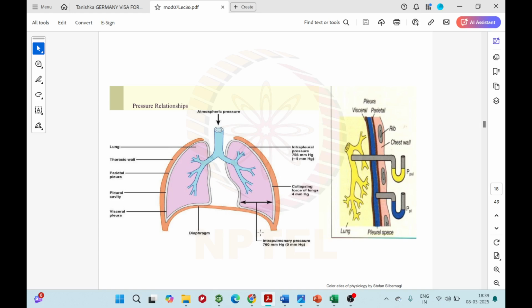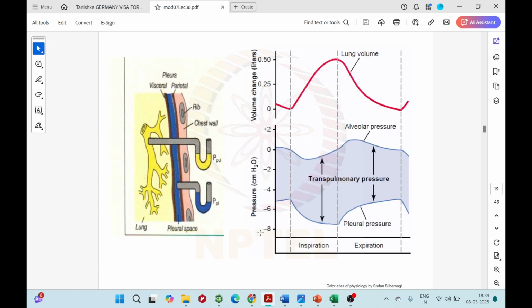Here we are measuring the pressure in centimeters of water, not mmHg.